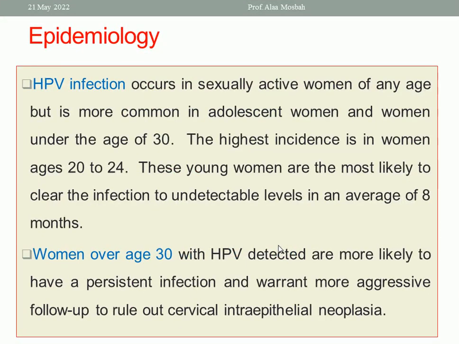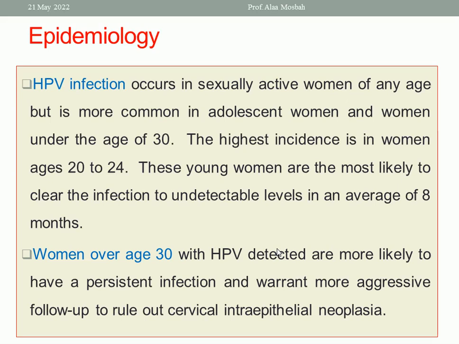What about the epidemiology? Human papillomavirus infection occurs in sexually active women of any age, but it is more common in young women under the age of 30. The highest incidence is in women aged 20 to 24.